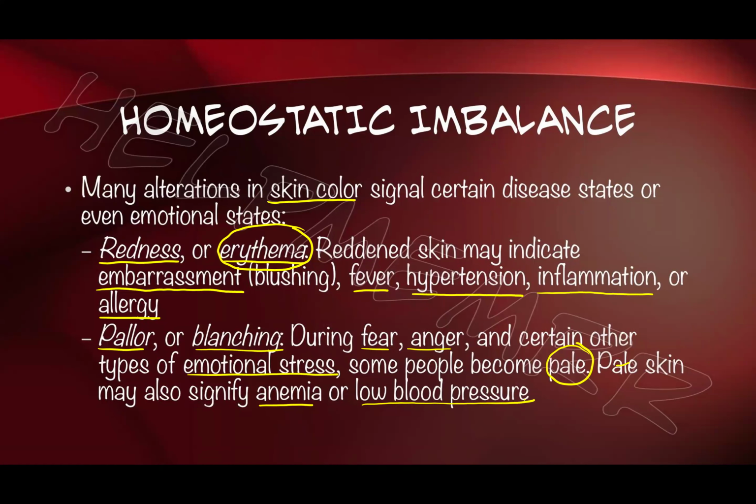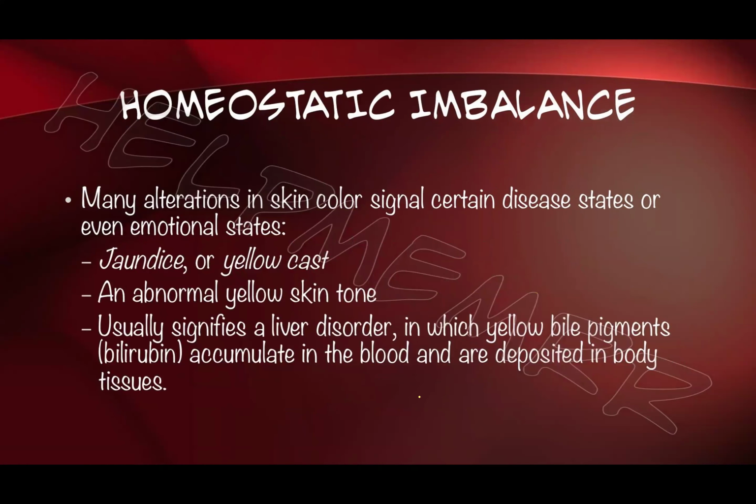So we have redness and pallor. Then we have a jaundice color. Jaundice is a yellowing cast. This is an abnormal yellow color. In this case, there is an accumulation of something called bilirubin. Bilirubin is essentially a byproduct of the liver working.